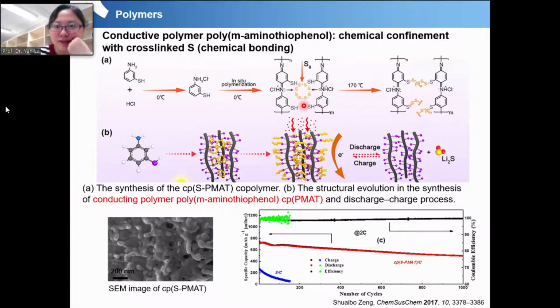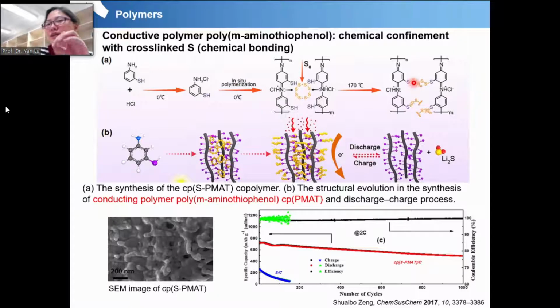And when you have a cross-linker, you will have a kind of network based on this conductive polymer and the sulfur. So you do not need to load sulfur into the system. The sulfur is already a chemical binder or a cross-linker. So it's already a part of your polymer chain.